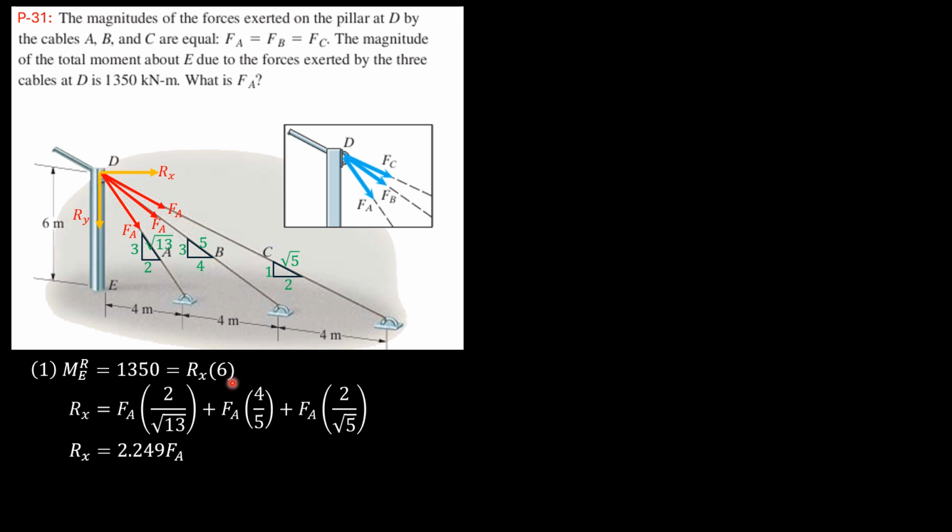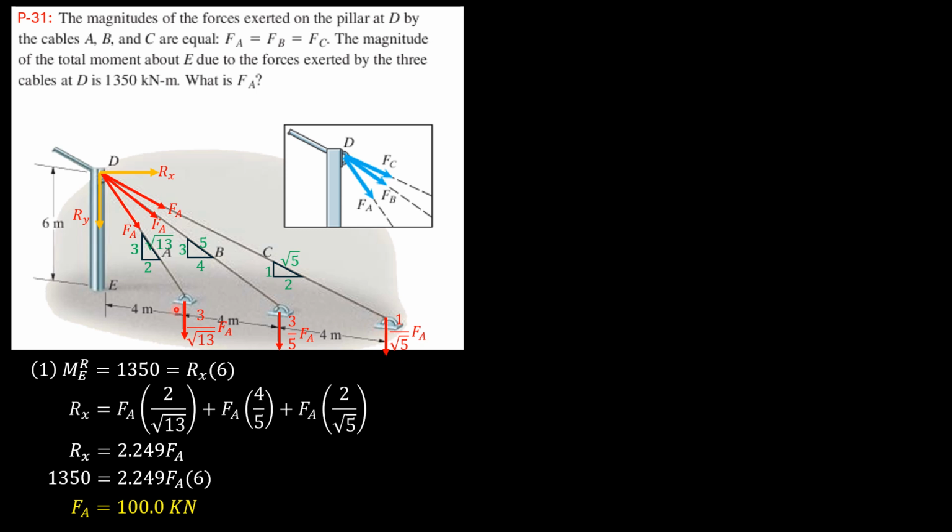So we have 1350 equals 2.249 times 6 FA. So FA is equal to 100.0 kilonewtons.